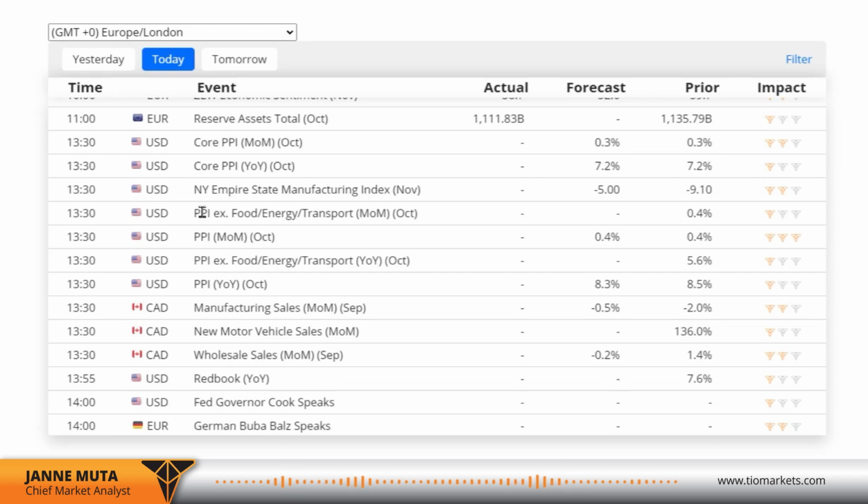If you want to know more about this, go to Wikipedia and read the article there. But it's basically telling you what the producers are getting for their product.